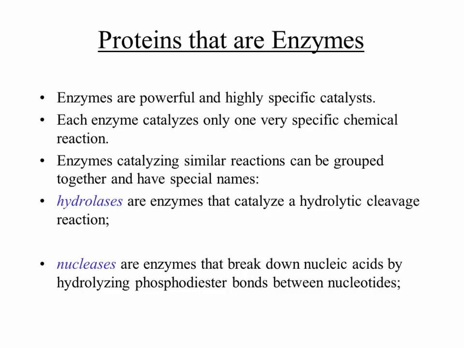So nucleases basically disintegrate nucleic acid. These are enzymes that break down nucleic acids by hydrolyzing the phosphodiester bonds between nucleotides. Again, this is also a hydrolase, but it's more specific.